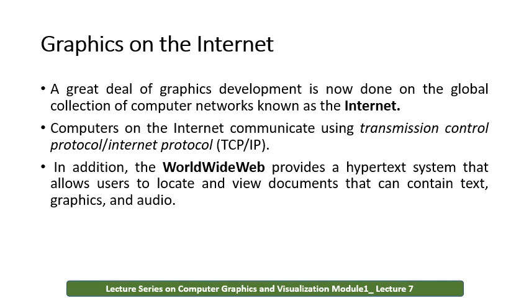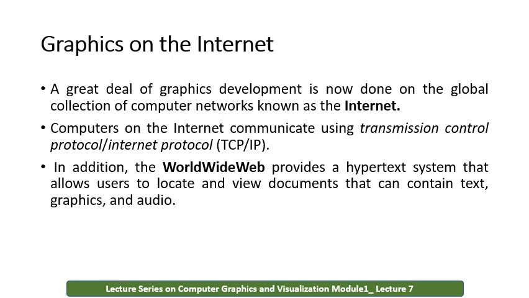It can be extended to the internet also. A great deal of graphics development is now done on the internet, which is a global network of computer networks. Computers on the internet communicate with any system using either TCP or IP, that is, transmission control protocol or internet protocol.